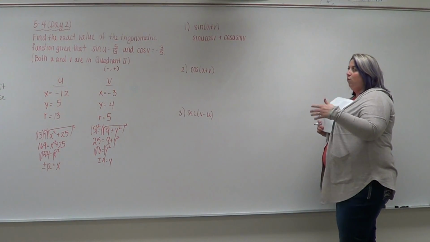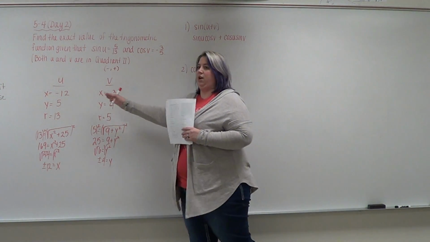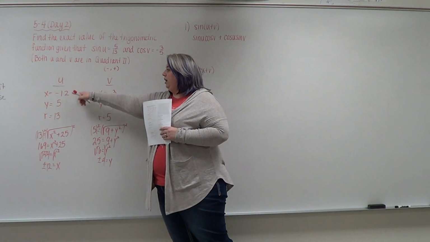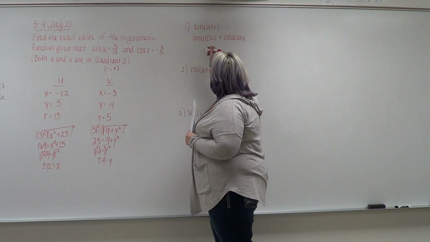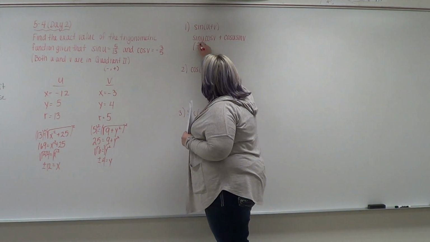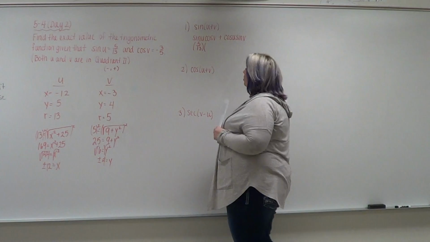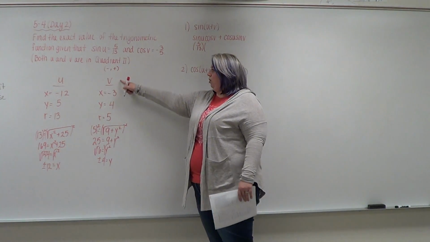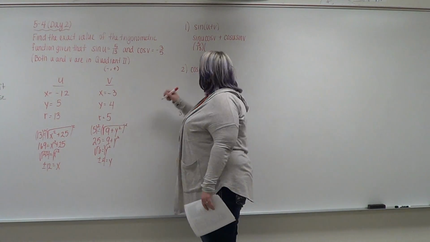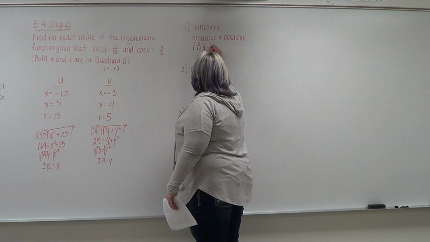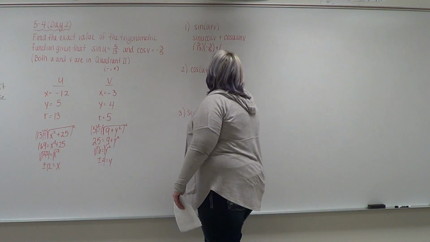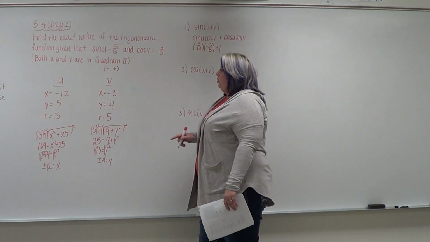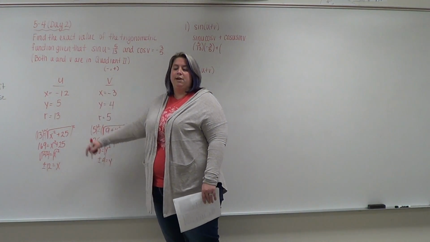So then I find out what these are by going over here and looking at them. So I need sine U. Well, I was given it, but sine is Y over R, so 5/13. Cosine V, well, I go to V. Cosine is X over R, so negative 3/5, plus. Okay, cosine U, so if I go to U, what's my cosine?